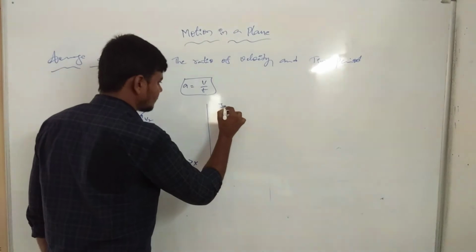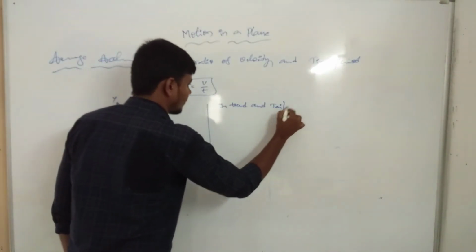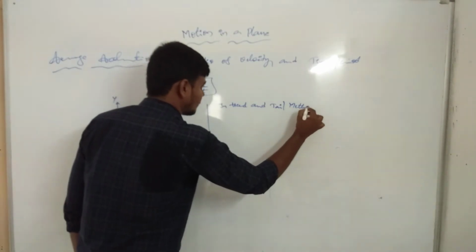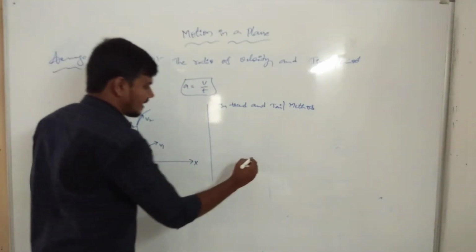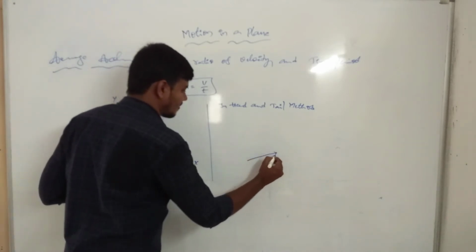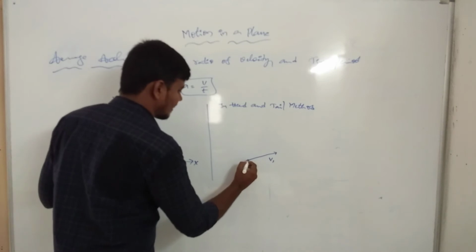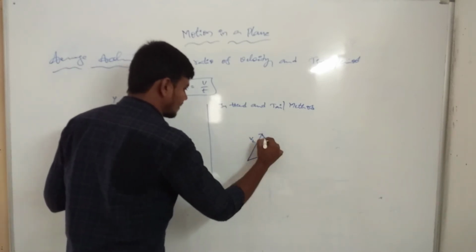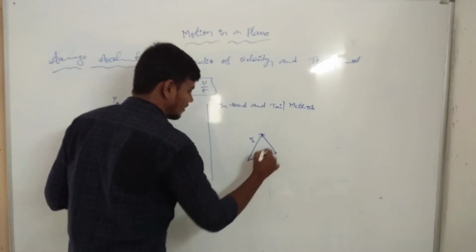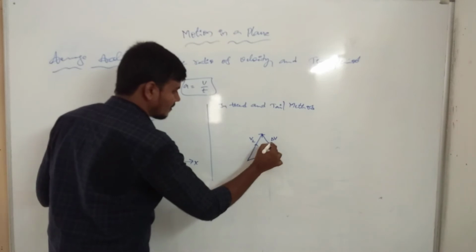In the head and tail method, the first direction is the direction of V1, and the secondary direction is the direction of V2. The third one is delta V. Okay? V1, V2, delta V.